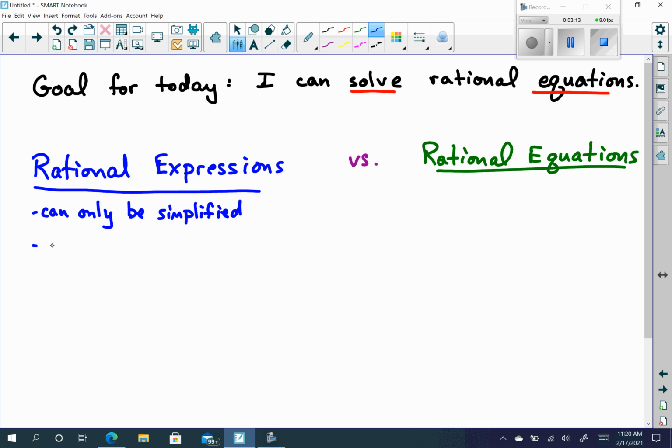This is where we go through the steps where we factor, we state restrictions, we cross out. We do this for simplifying a single fraction, multiplying and dividing. When we add or subtract. And this is the most important one because this is where the rational equations are going to get mixed in.